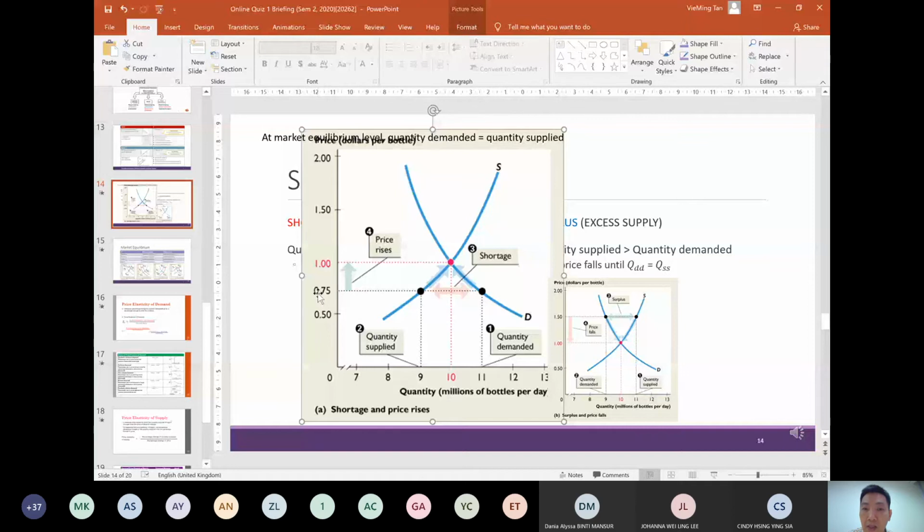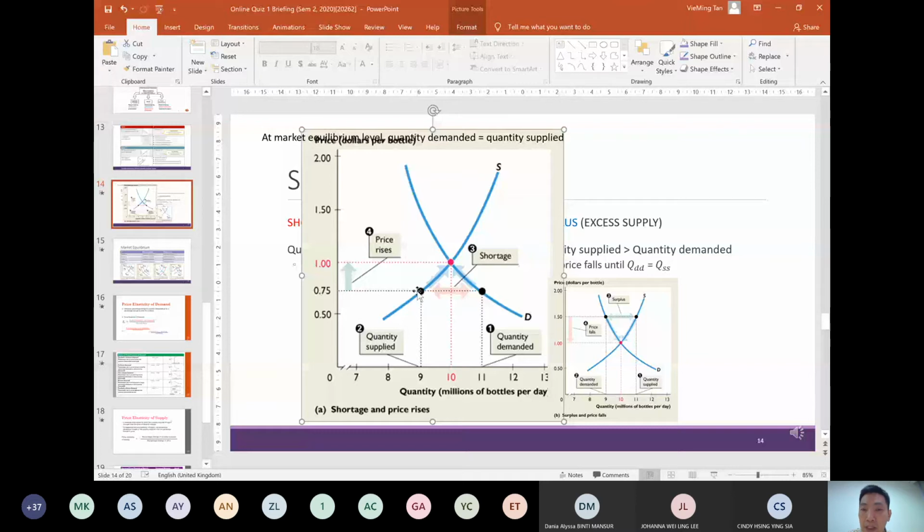At 75 cents, the quantity demanded is at this point, which is 11 million. The quantity supplied is 9 million. So the quantity demanded is more than the quantity supplied at a price below the equilibrium point.